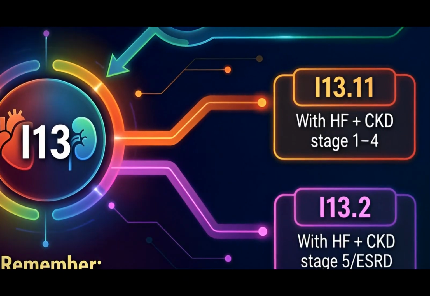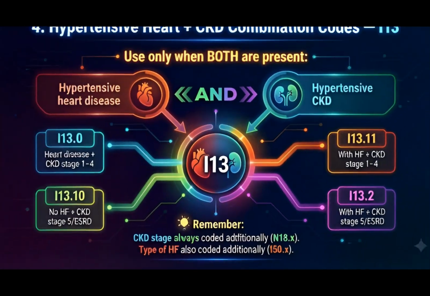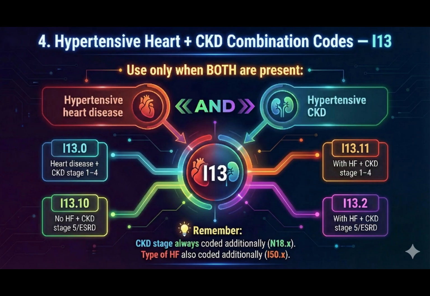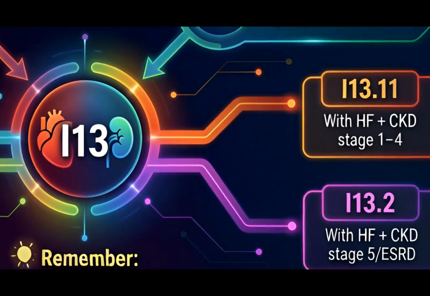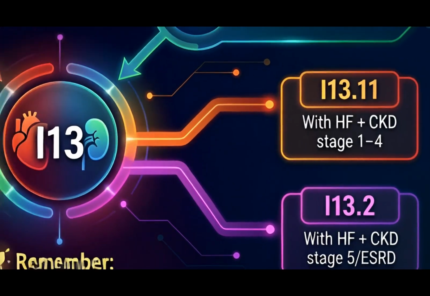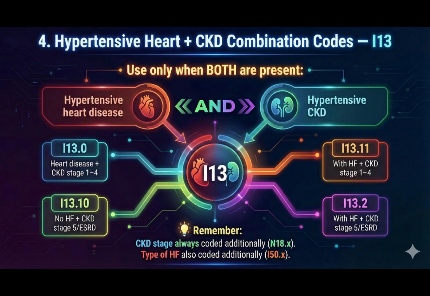I13.11 is selected when the patient has heart failure and CKD stage 1 to 4. In this case, you must also code the specific type of heart failure from the I50 category. I13.2 is used when both conditions are present, along with heart failure and CKD stage 5 or ESRD.